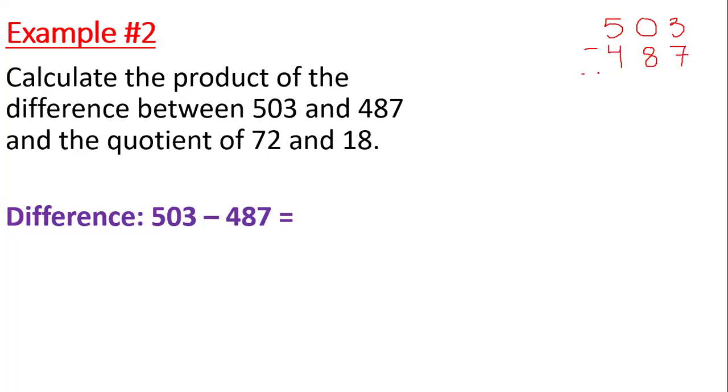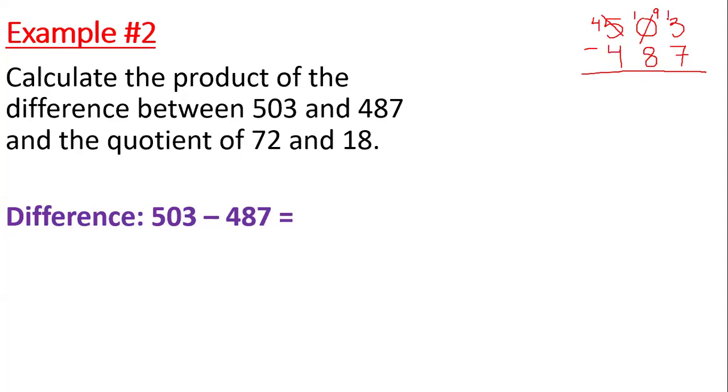So let's subtract this. The first thing we have is 3 minus 7. We can't do that, right? So we have to borrow all the way from the 5. This becomes 4, right? This is 10. 10 minus 8, can't do that. This becomes 9.